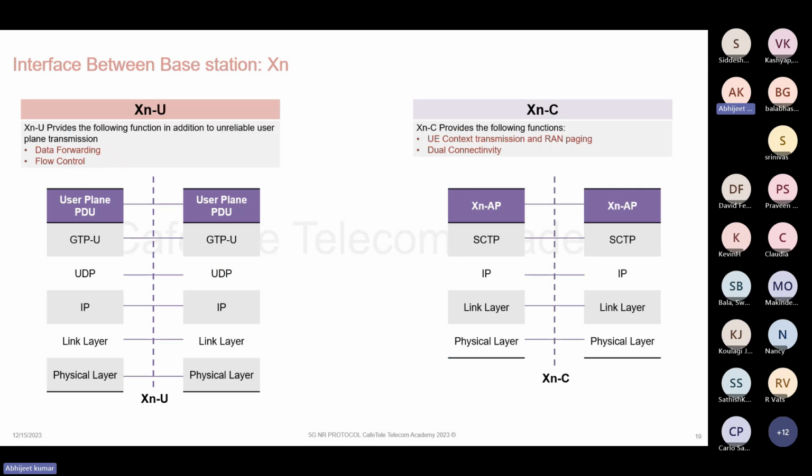Now here you can see this is your Xn protocol, guys. If you want to communicate between two G node Bs and transfer control information, you have to use the XnAP protocol over SCTP, over IP, over the link layer and the physical layer. I already explained this part. And if you want to communicate on the Xn-U, then we have GTP-U.